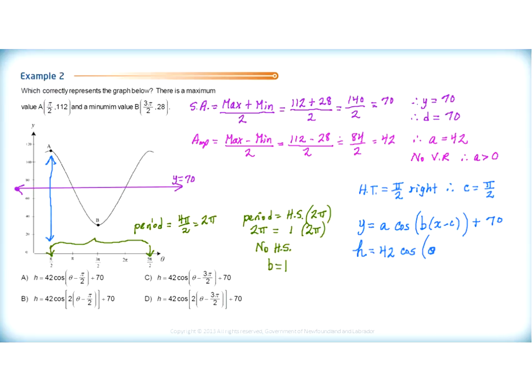The angle is measured in terms of theta as opposed to x. So this answer then corresponds with A as the multiple choice answer. Again, there is more than one equation that can represent this situation, but this is one example that we are looking at.